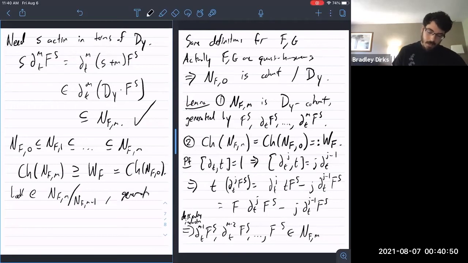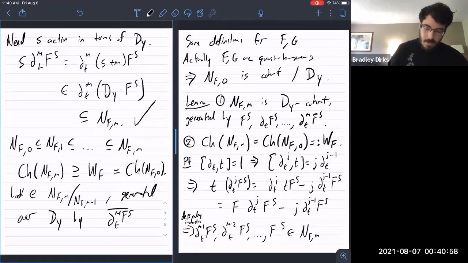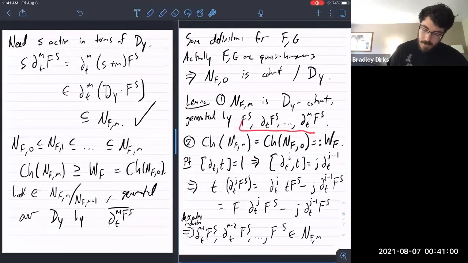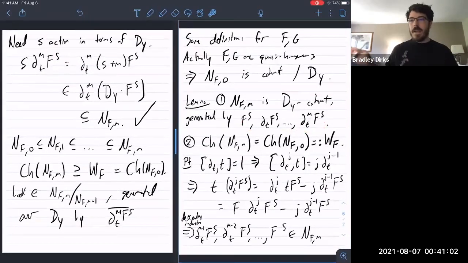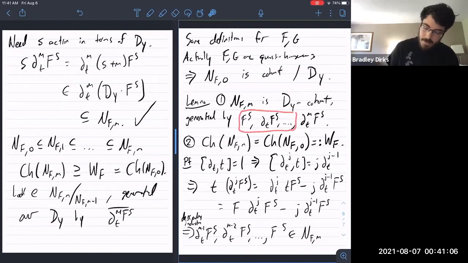This is generated over D_y by the symbol of D_t^m f^s. If we just look at this list of generators, if we were to increase m by 1 or decrease it by 1, we would get all of these generators, but not this guy. So the quotient is generated by the missing generator.